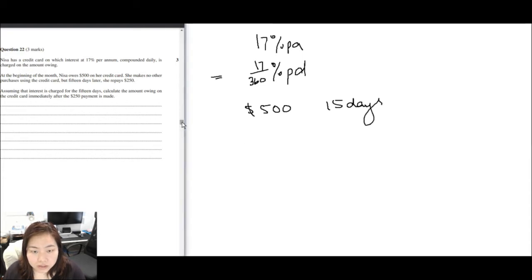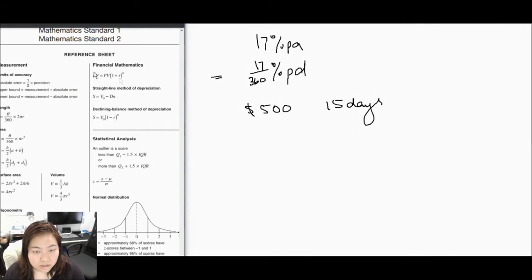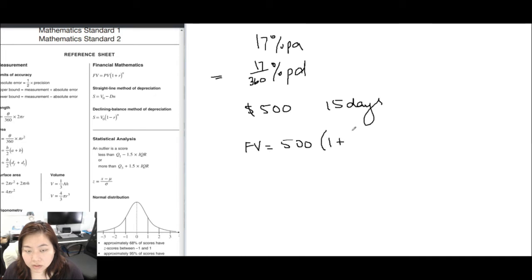Compound interest is this one, so we have future value. 500 present value times 1 plus the rate, to the power of the number of times that rate is applied, which is 15 times.